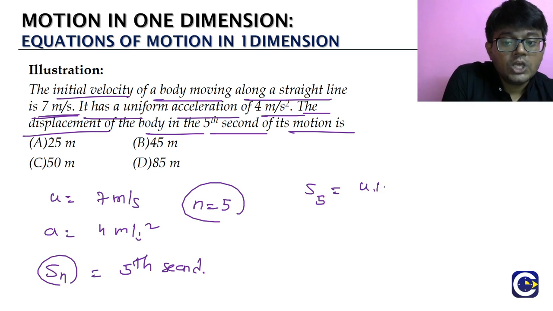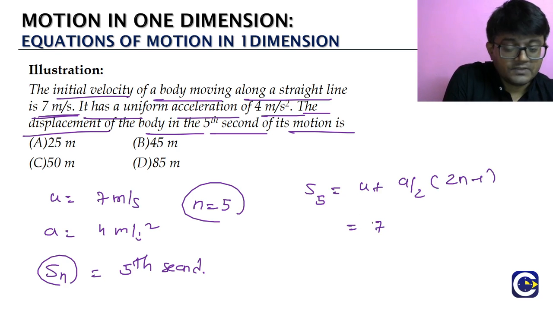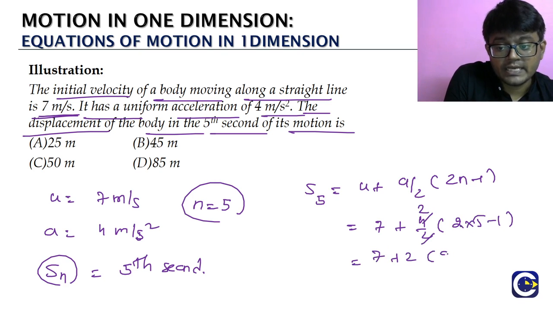The formula is Sn equals u plus a by 2 into (2n minus 1). U is 7. We take everything in SI units, so s will come in meters. So 7 plus 4 by 2 into (2n minus 1), which is 2 into 5 minus 1. 2 fives are 10, 10 minus 1 is 9.